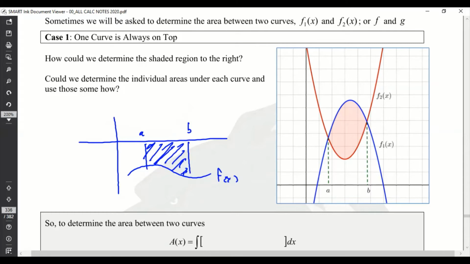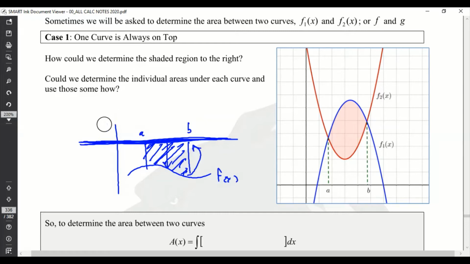Now, the reason that that works is because this is really the line y equals 0 minus the one that's below it. And if we are instead going from f of x minus this line y equals 0, which doesn't show up in that equation at all, then that's why it ended up being negative for being below.